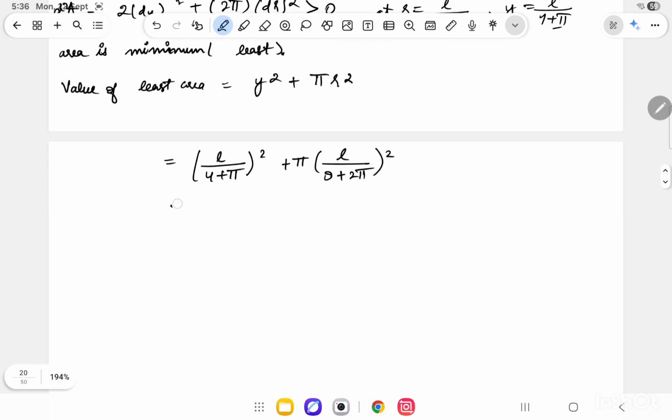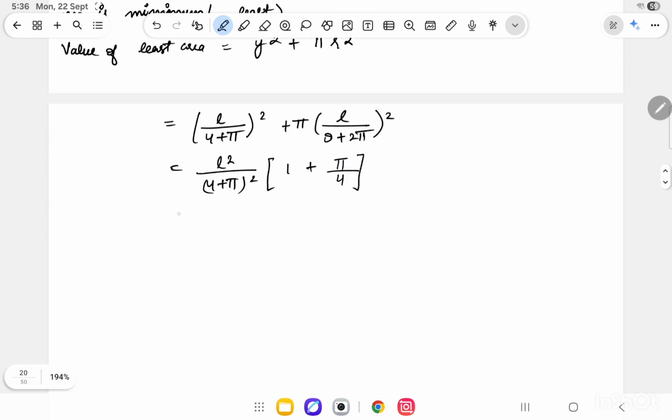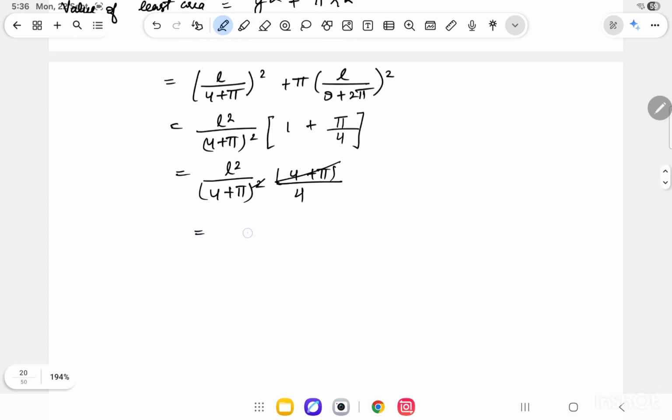So from here I can take L square by 4 plus pi square as common, so I will be left with 1 plus pi divided by 4. So that basically gives me L square divided by 4 plus pi square into 4 plus pi divided by 4. This 4 plus pi balances this, so my area will be L square by 4 into 4 plus pi.